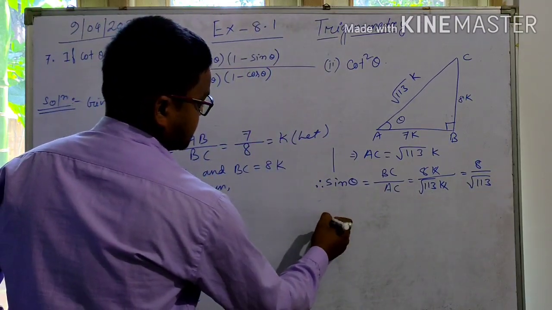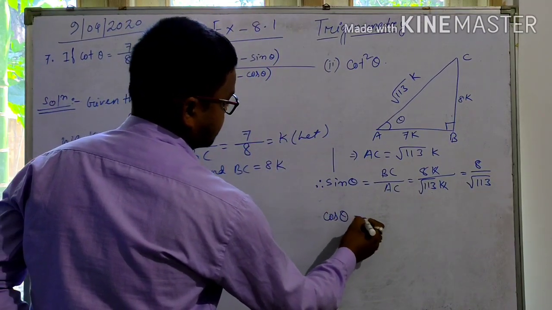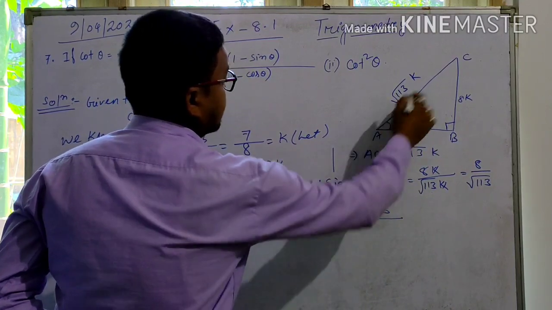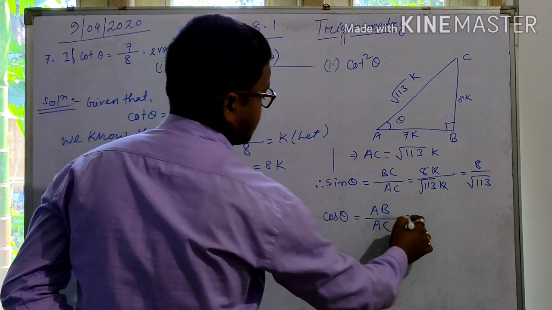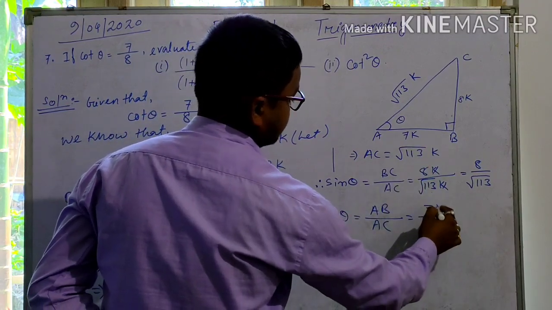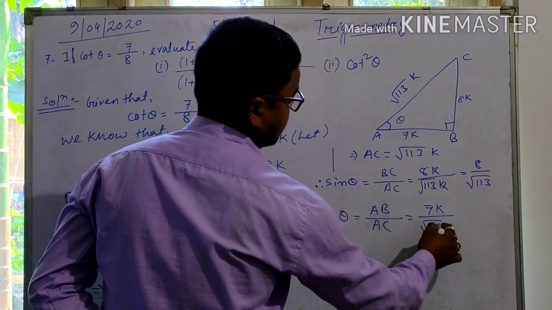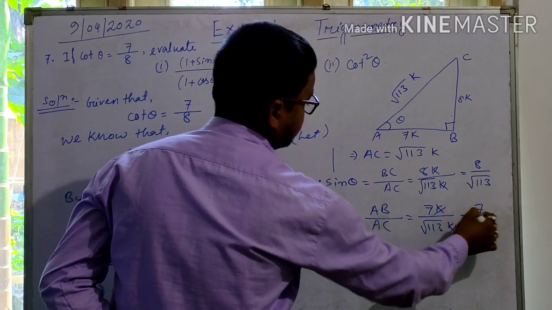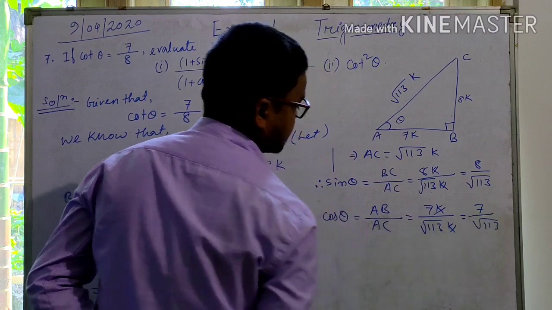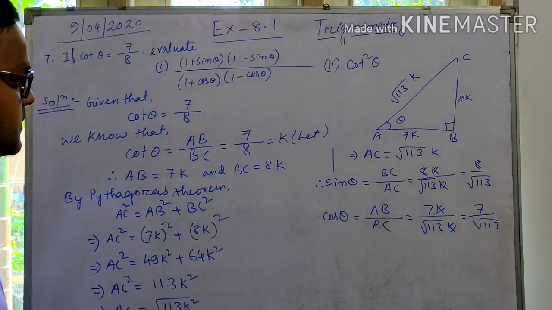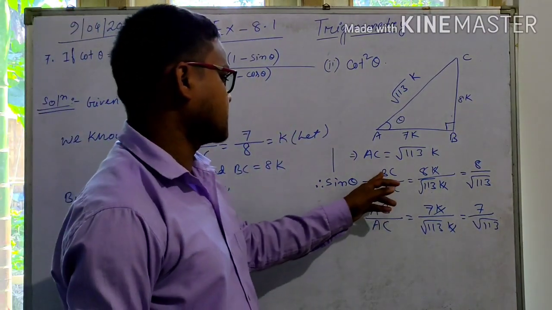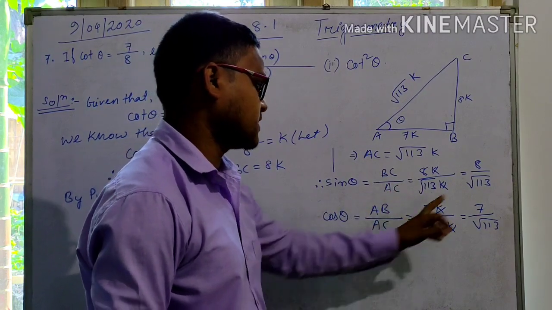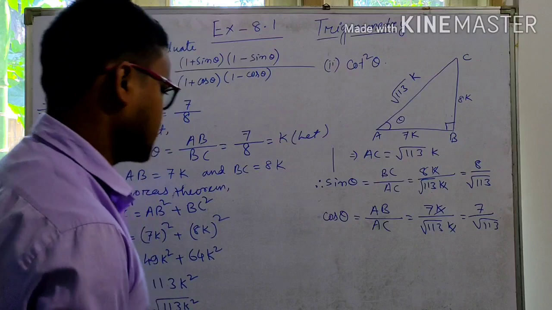And cos theta is base by hypotenuse. Your base is AB by AC. AB is 7K and AC is root over 113 K. This K cancels, so you will get 7 by root over 113. So sin theta is perpendicular by hypotenuse and cos theta is base by hypotenuse.